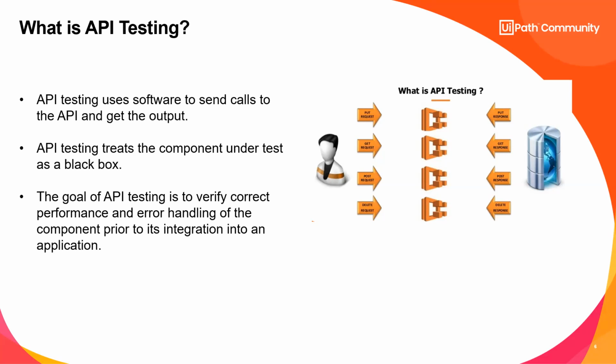To understand API testing, an API treats the component under test as a black box because it's not a user interface, and it's not a user interaction. It's just software to software interaction. So we call it black box testing.